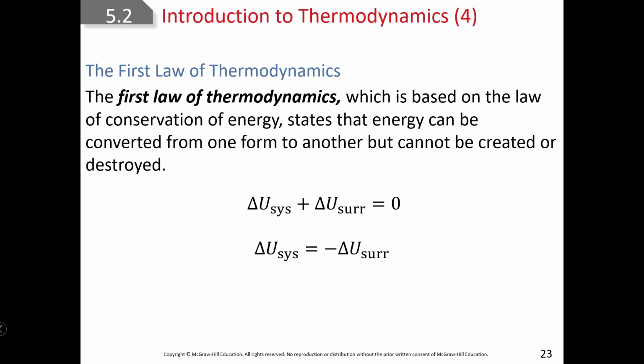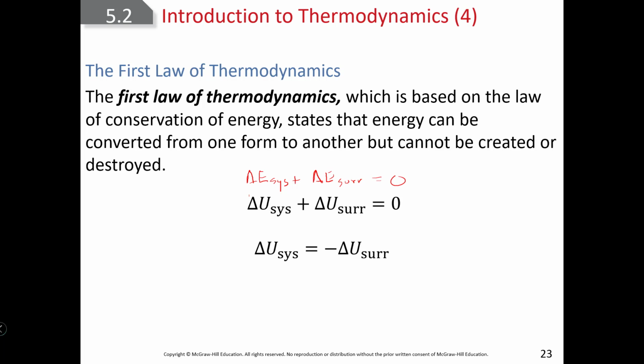All right, first law of thermodynamics. We've actually already seen this, but let's refresh our memories. Instead of saying U for internal energy, I use the delta E of the system plus the delta E of the surroundings. When we add those two energies together, it must equal 0.